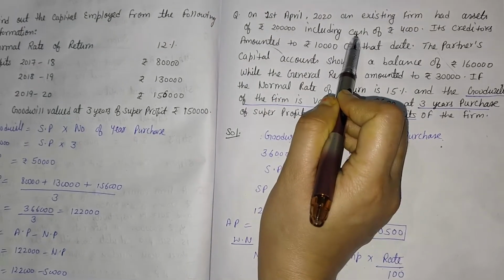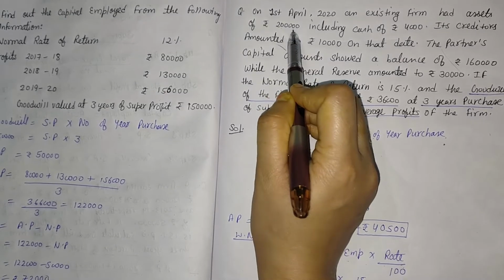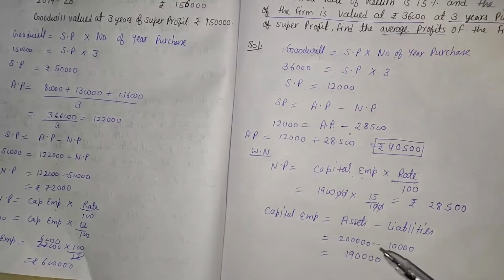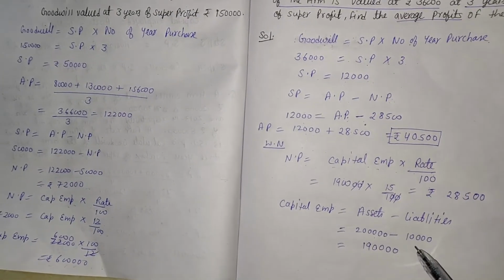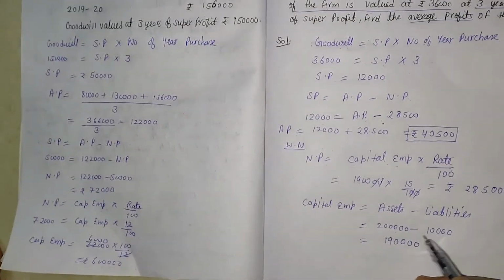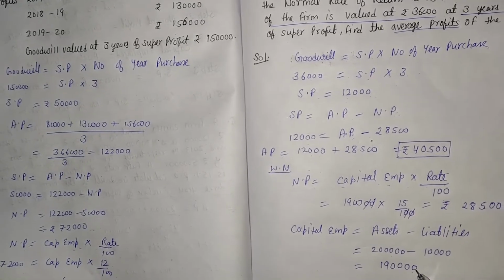The cash is already included, so we take the value of rupees 2 lakh, given in the question. The next is minus liability, which is given because creditors are part of liability, that is 10,000 rupees. So 2 lakh minus 10,000, we get 1,90,000.